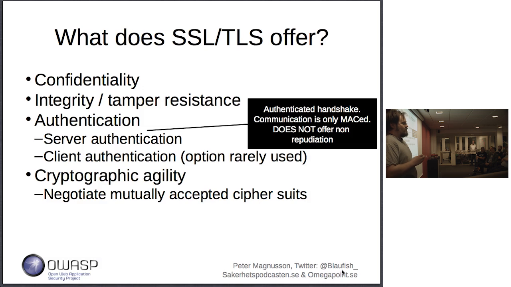So if someone is messing with the traffic in transit, that should be detected by the protocol. And also, where most people experience problems with HTTPS is in the authentication stage, where you're getting client certificates or server certificates, and you need to evaluate those.